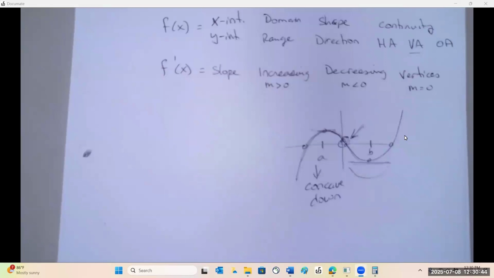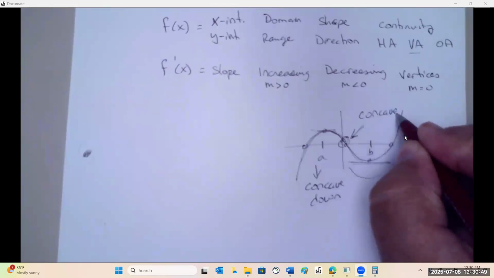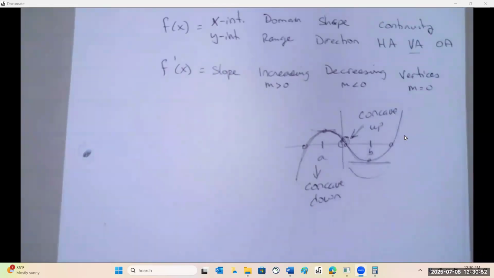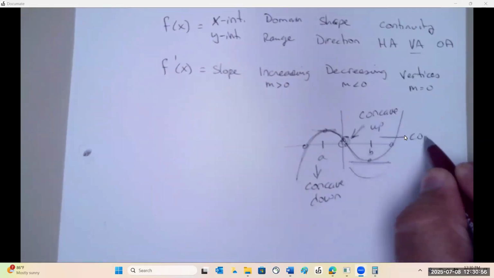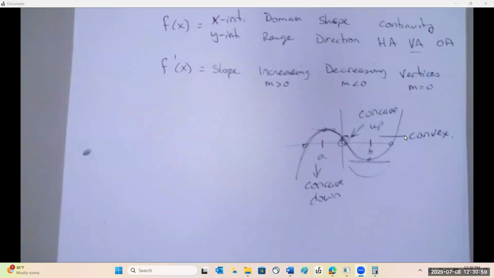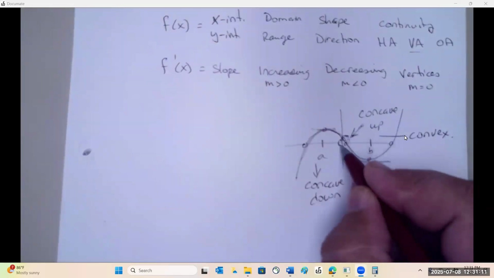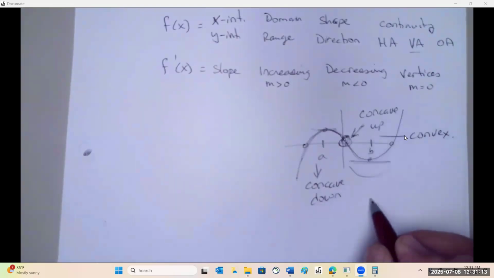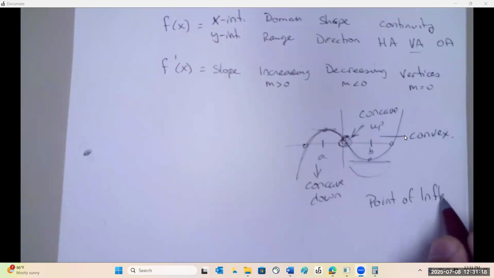Concave down. That's the cup being upside down. This part is concave up. If it's concave up, we call it convex, like a satellite dish. But now, what happens in the middle here? There's a point called the point of inflection.